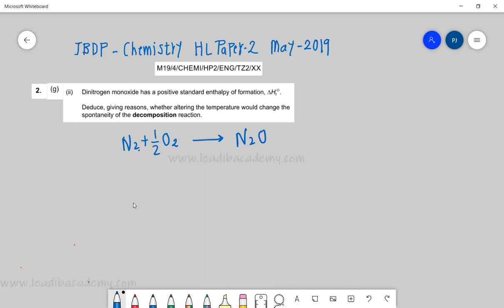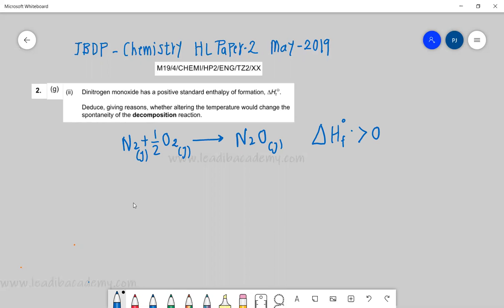These are the standard states. And what we have been given is that delta H f naught is greater than 0, positive. Very, very simple.